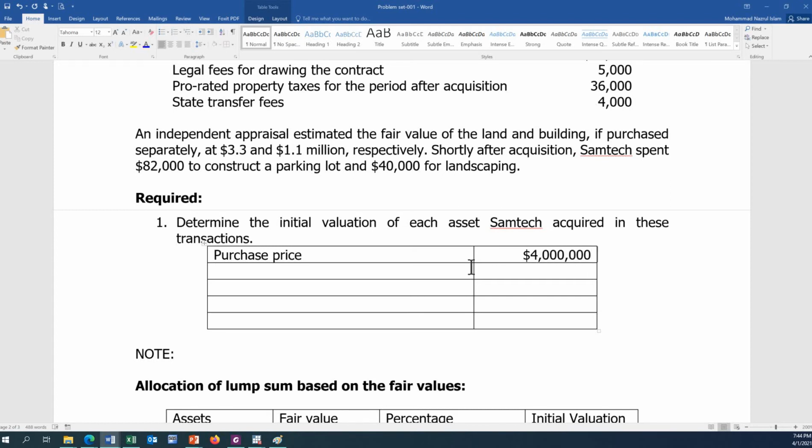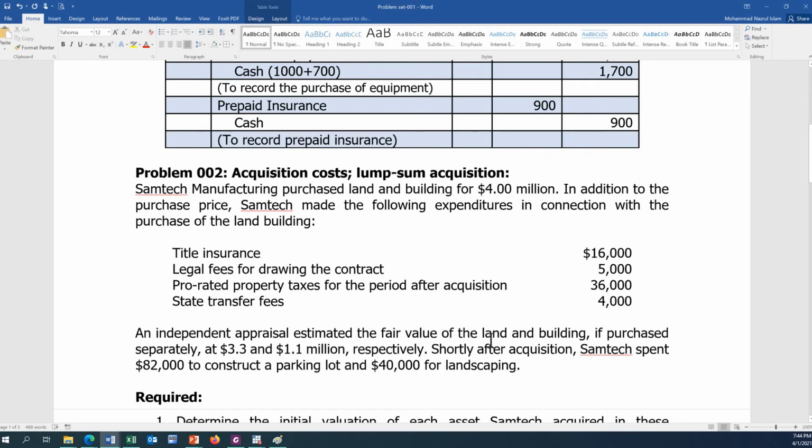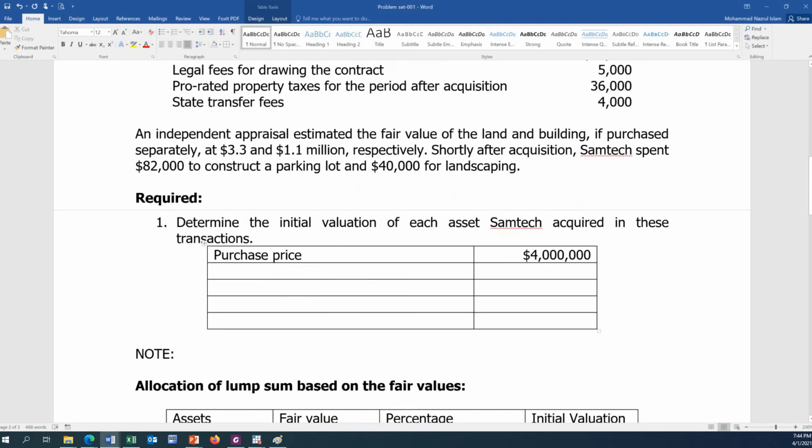Then title search and insurance, that one is 16,000, and legal fees, total legal fees 5,000, and then state transfer fees, that one is 4,000.